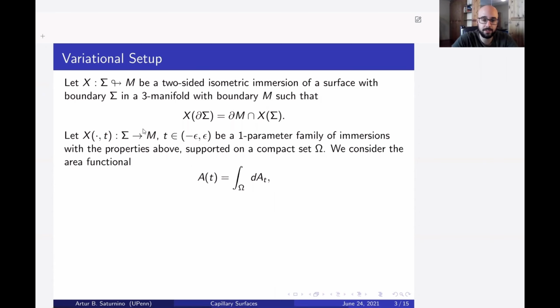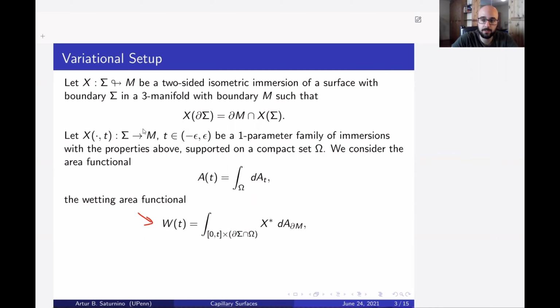The first one is the area functional, which measures the variation of area in sigma. The second functional is the so-called wetting area functional.